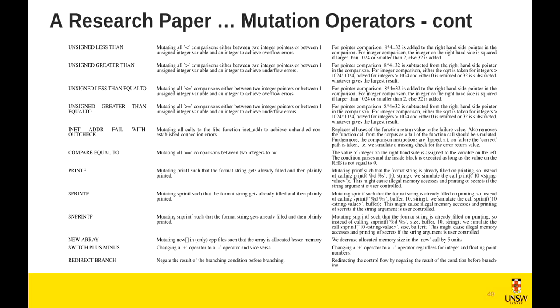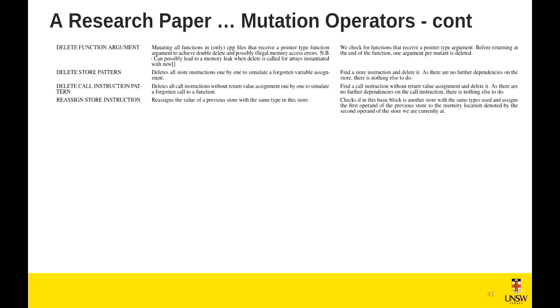You can look at the design of all these mutation operators and observe how the design reflects real faults made by programmers. The closer the faults we inject are to real faults, the more likely the mutants are useful.